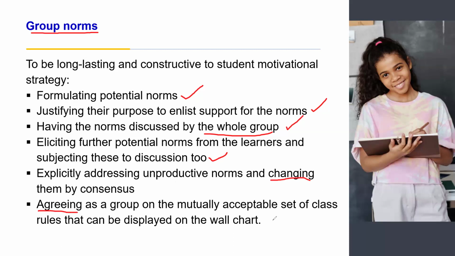That is part of group norm. So this is again from the group dynamic. We got group cohesiveness and group norm. That is an interesting thing, and there are a lot of interesting things that we should consider for our classroom, especially at the start of our class, that should be discussed.